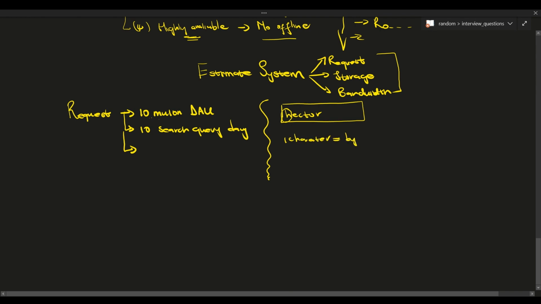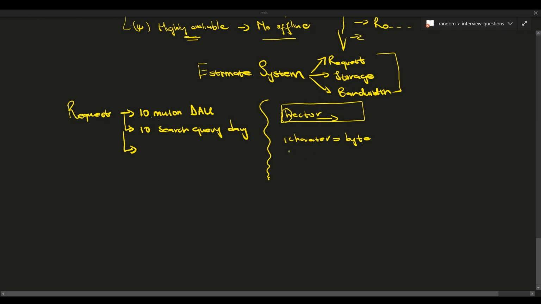So what we're doing now is trying to estimate the size of this data. One character is 1 byte, but on average, how many characters or words does the user type?